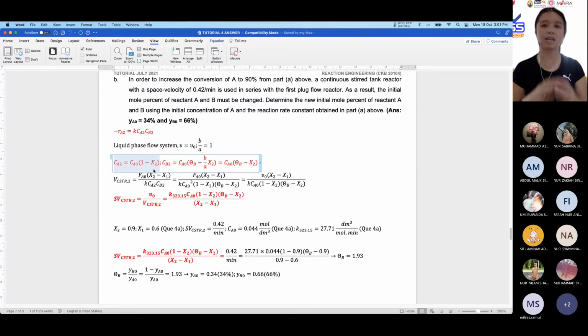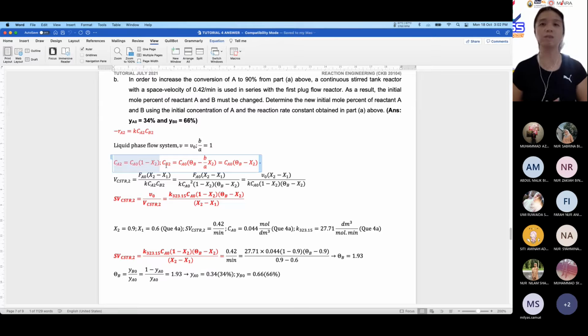CA sama dengan CA0 in bracket 1 minus X. But now if I talk about concentration in second reactor, CA2 akan sama dengan CA0 in bracket 1 minus X2. So why X2? Sebab this concentration is in the second reactor. It involved the conversion in the second reactor which was 0.9. So itu akan sebagai CA0 1 minus X2.